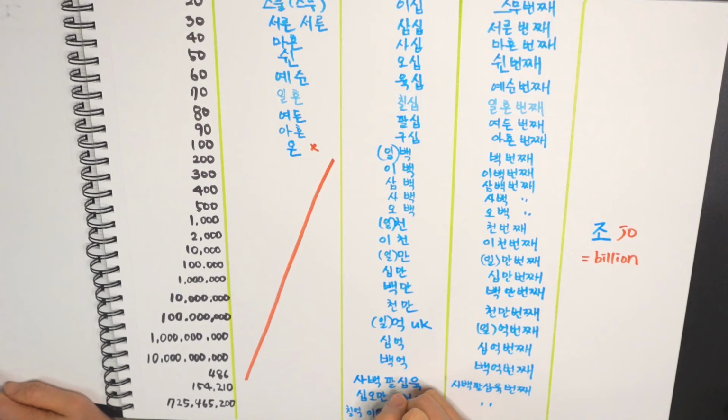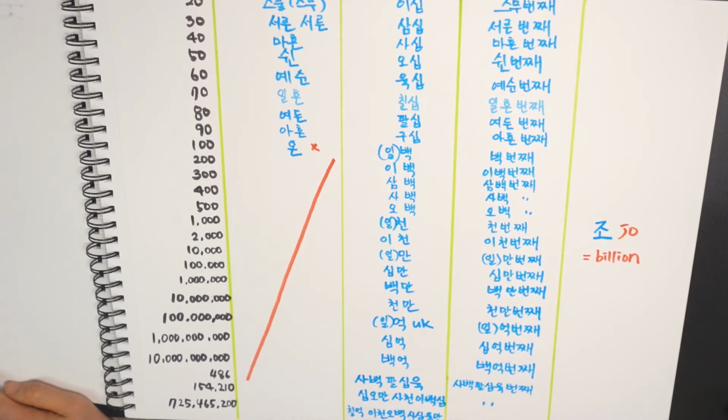So 2,500 and 46만. 46만. And then we have 5,200. Okay? So 7억 2,546만 5,200. And that's how we count numbers in Korean.